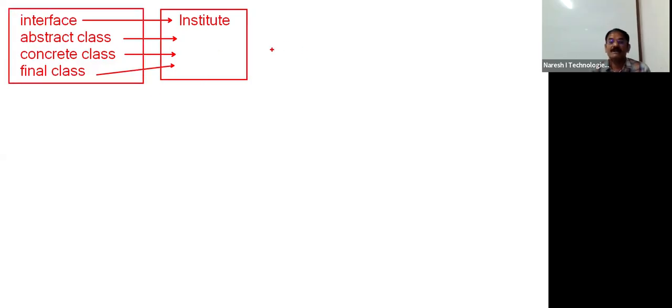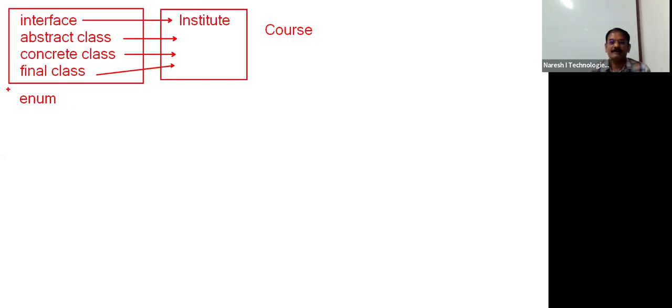Now, every institute contains something called a course. Tell me, are the names of the courses changing from time to time or not changing? Not changing. Then is this course a class? No. Abstract class? No. Interface? No. Final class? No. Then what is it? It is an enum.